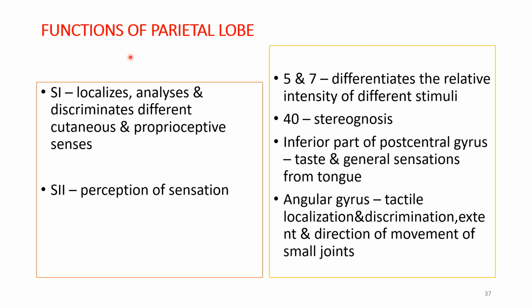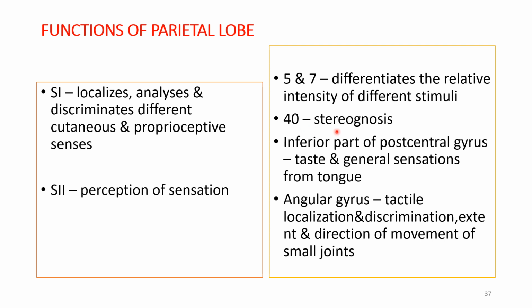Then what are the functions of the parietal lobe? S1 localizes, analyzes and discriminates different cutaneous and proprioceptive senses. S2 is for perception of the sensation. 5 and 7 will differentiate the relative intensity of the different stimuli.